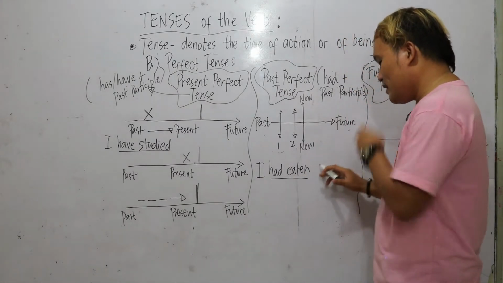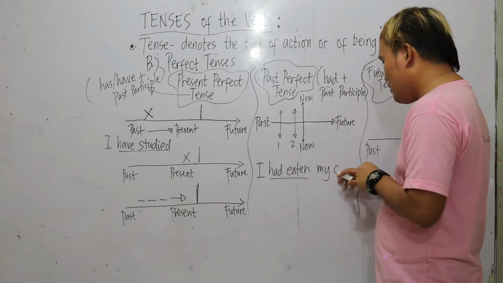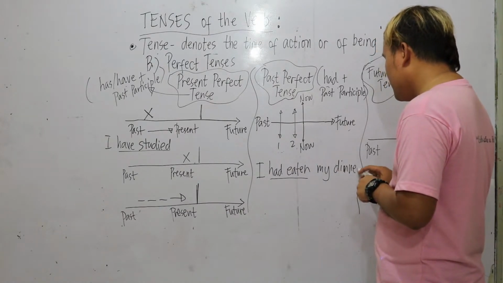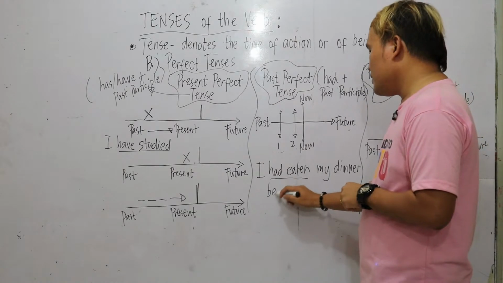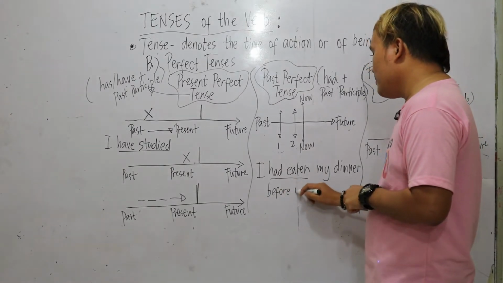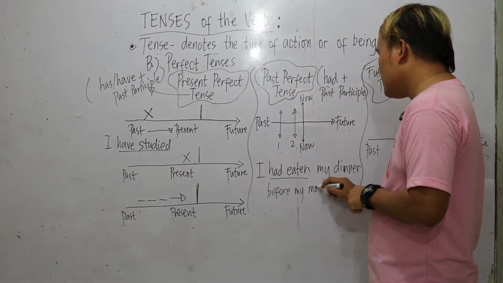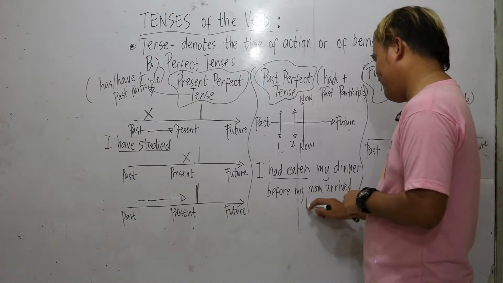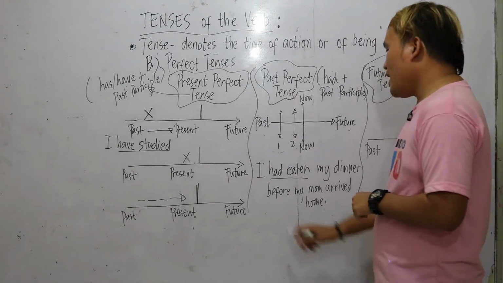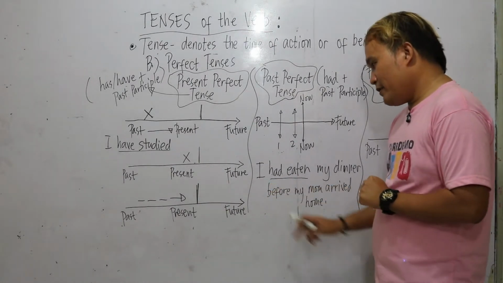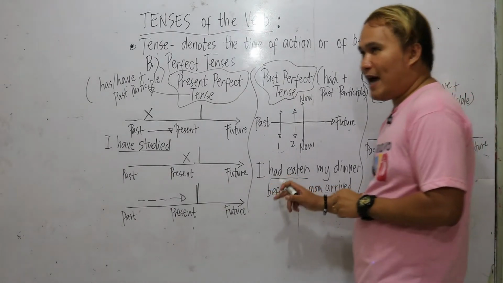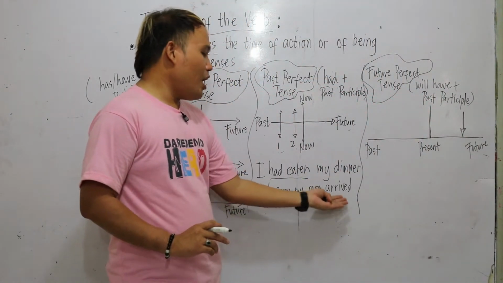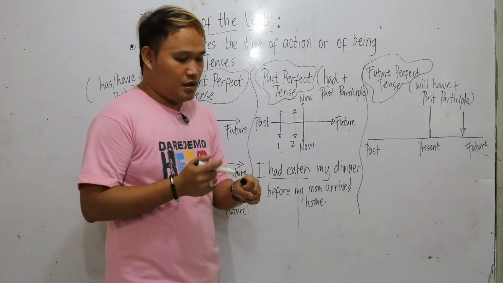I had eaten my dinner before my mom arrived home. So I use had here because this is an action that happened first before a certain action, which is my mom arrived home, occurred. Okay?